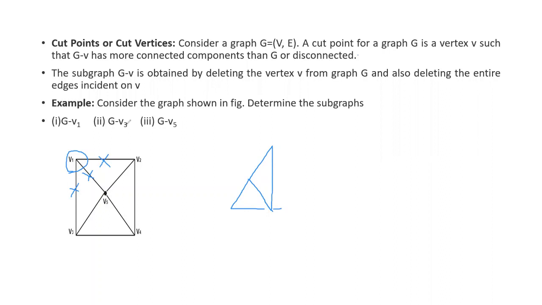Same for G minus V3: after deleting V3, these three edges are removed, and this is the only graph left. Same for G minus V5: you have to delete all the edges associated with V5. We'll stop here. In the next session, we will see the next point.